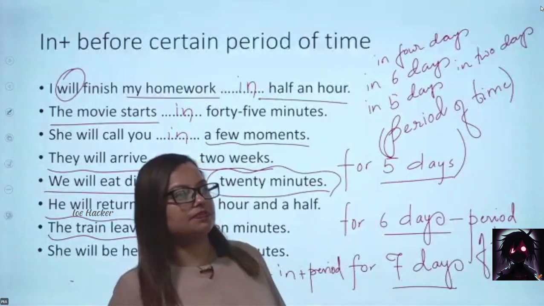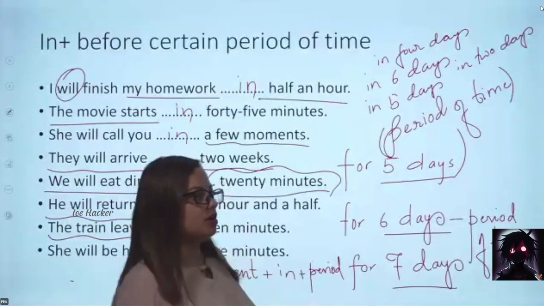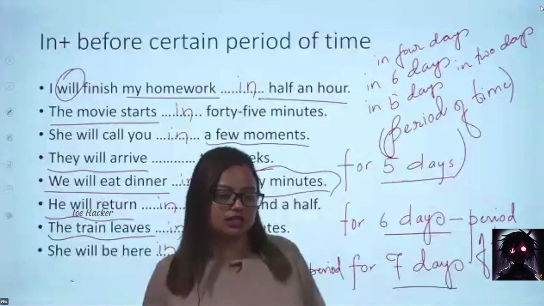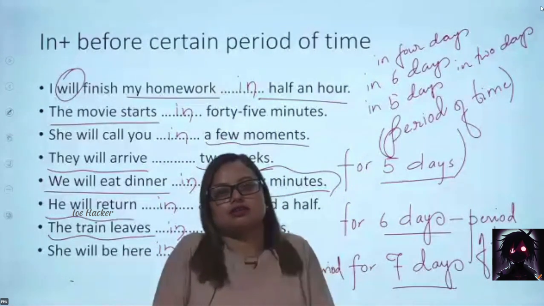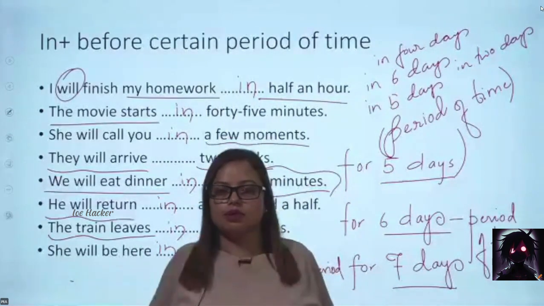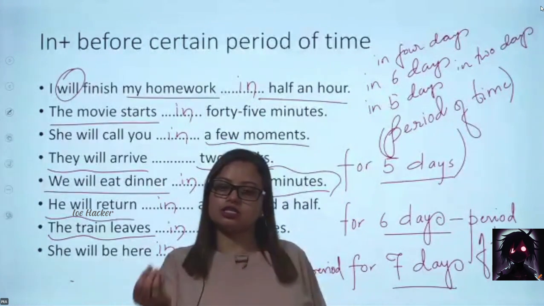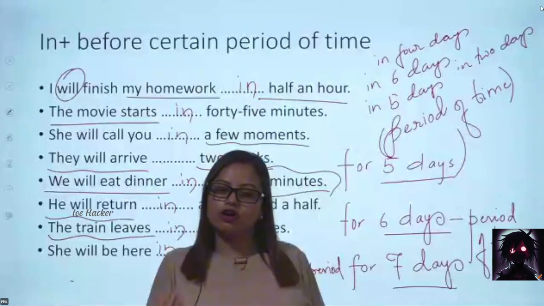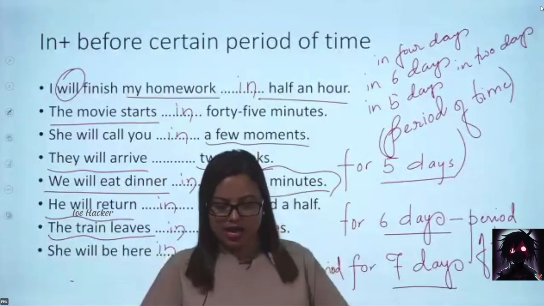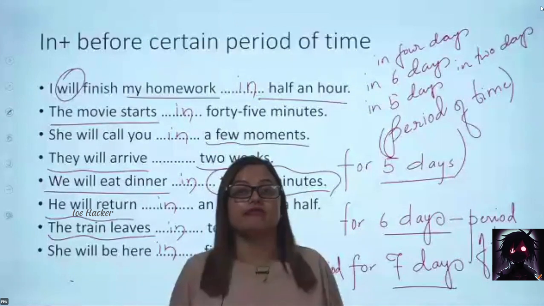Yes, "on" plus specific day plus event. "On" plus specific day means Christmas day. Suppose we are not talking about Christmas. Christmas falls into the category of festival. Somebody may ask, ma'am, Christmas is also a one-day festival.